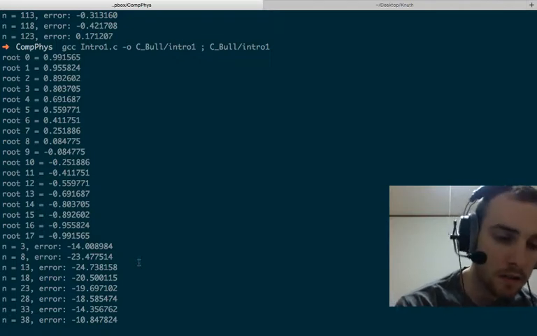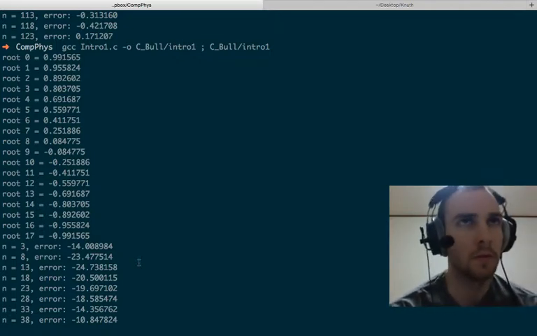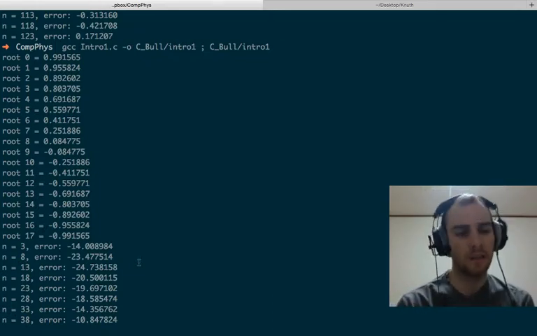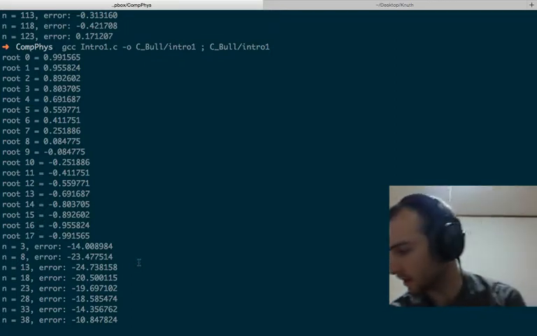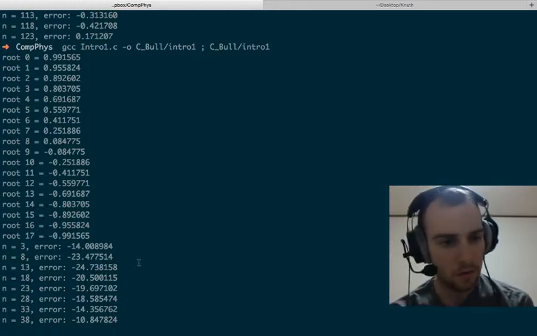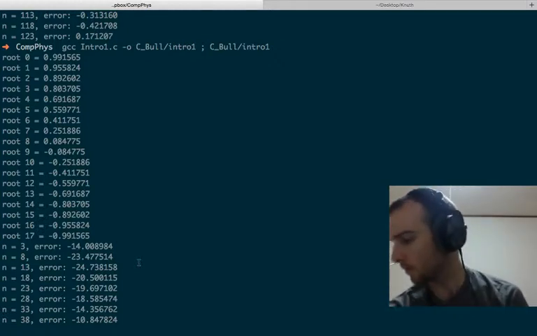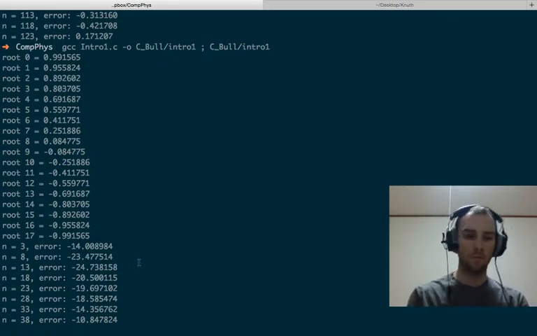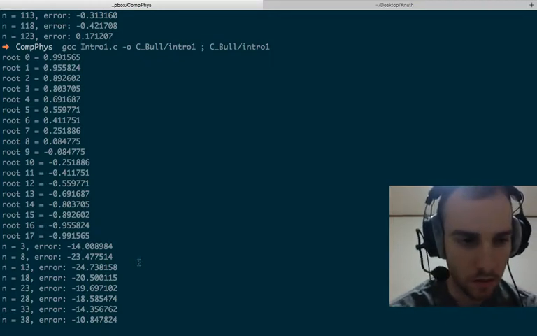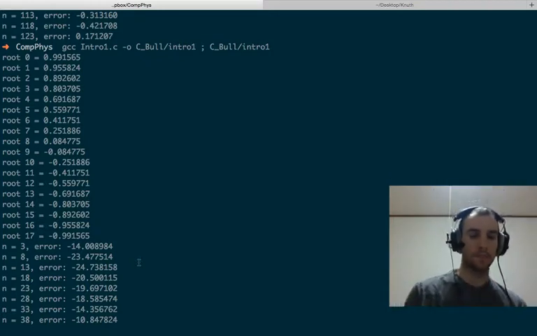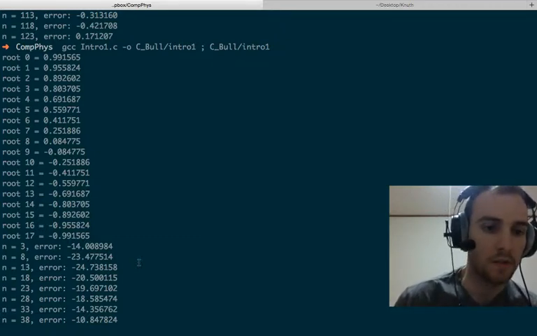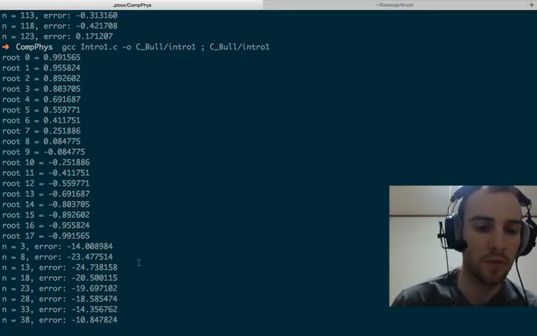Exponent in base e, so you would have to divide this by approximately 3, I think, or something like that. 3 or 2 point something, I don't know, to get the real power of 10. So yeah, I think that's what's happening.